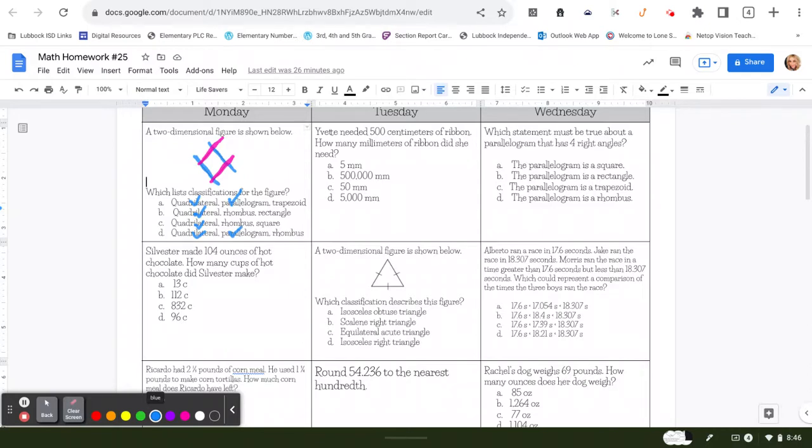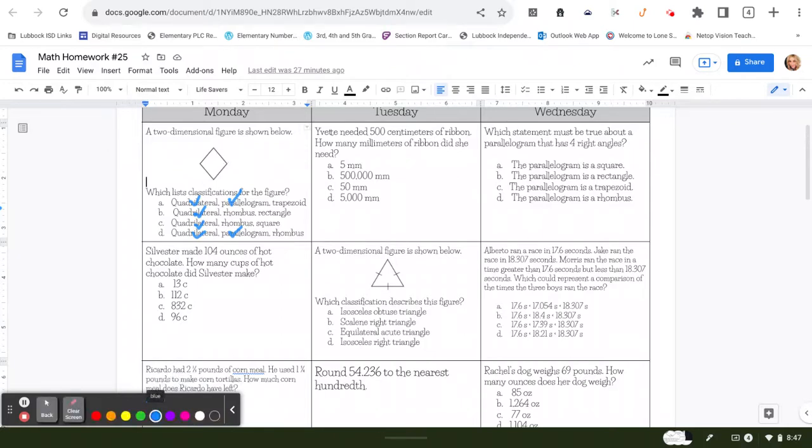Looking at this, there are technically two correct answer options on here. So look at the sides again.